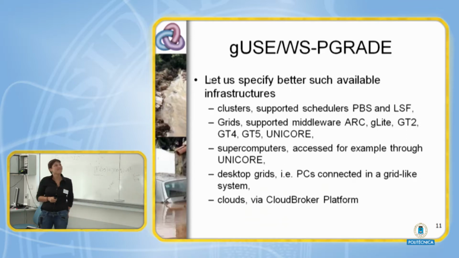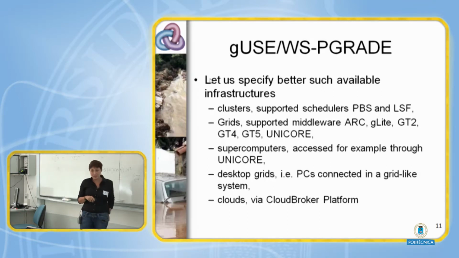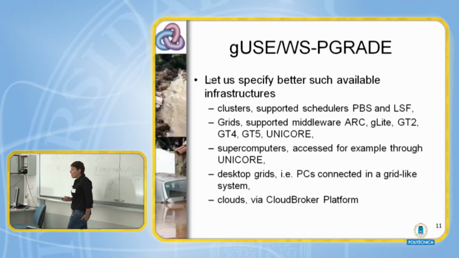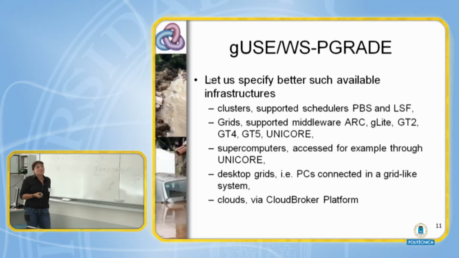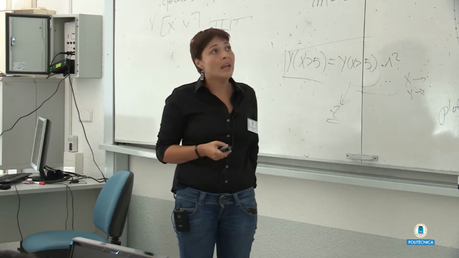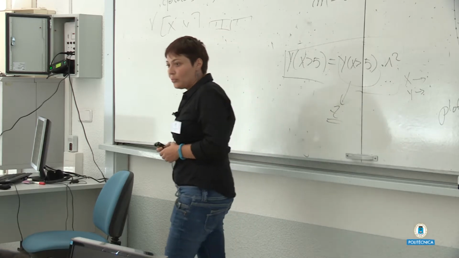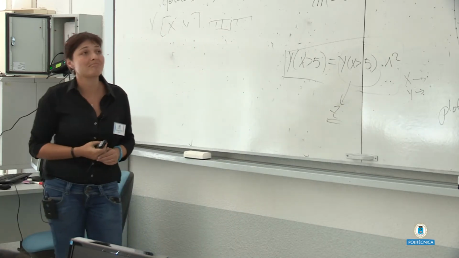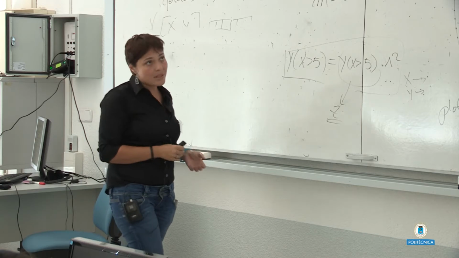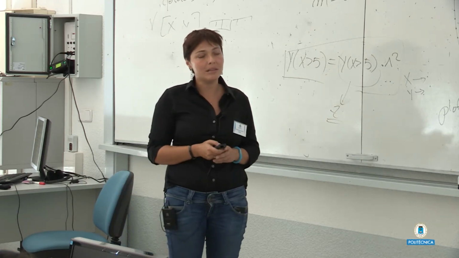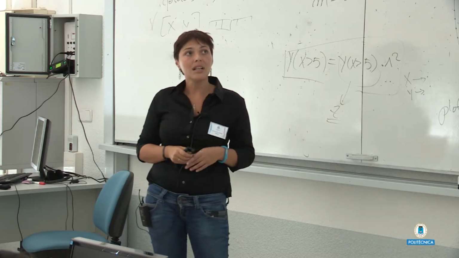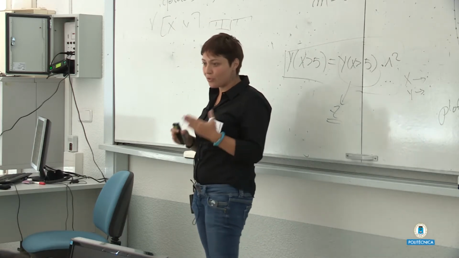The infrastructures that it is possible to access through this layer of gUSE WS-PGRADE are remote clusters, local clusters, let's say out of the grid, the cloud, and all this kind of ICT infrastructure. They support two local schedulers, PBS and LSF. For all the others, you have to develop your code by yourself.